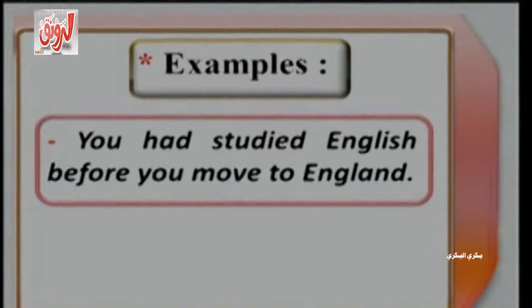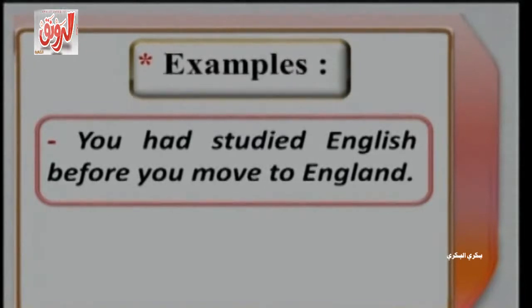There are indicators as well that show you how to use the past perfect. See the example. You had studied English before you moved to England. Remember, the two words before and after are always preceded by the past perfect.